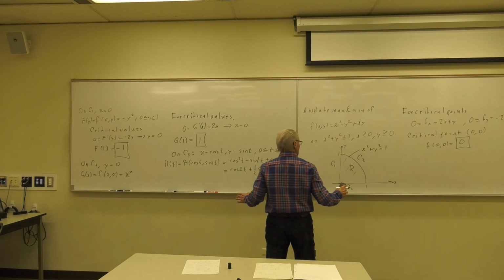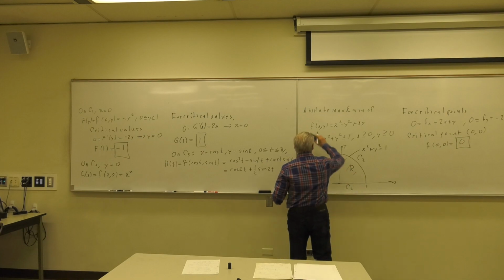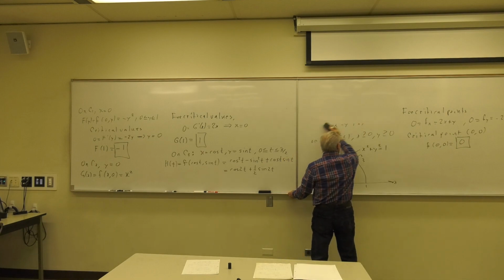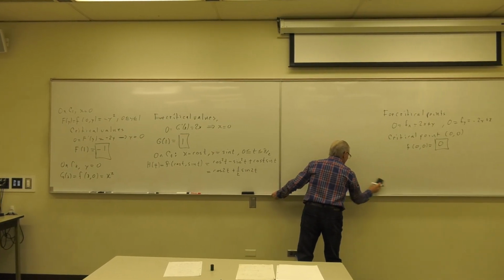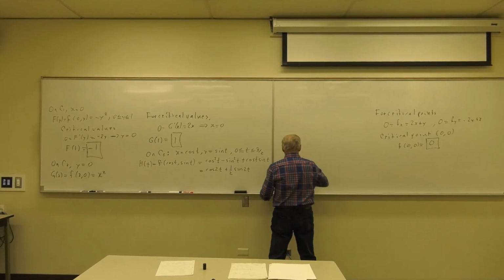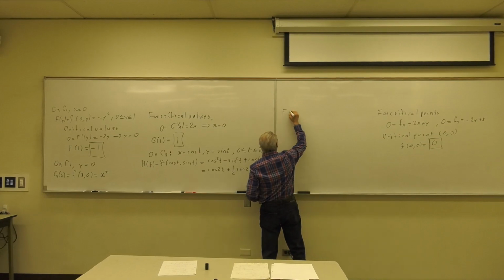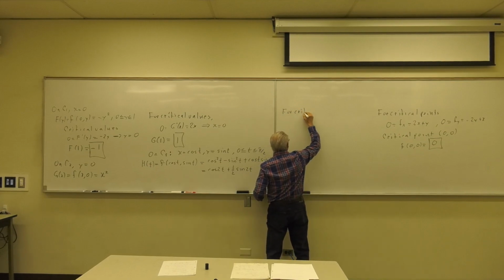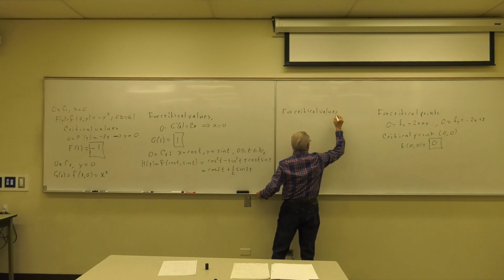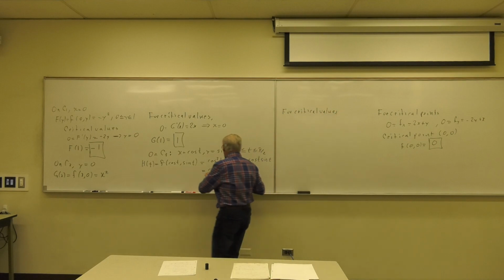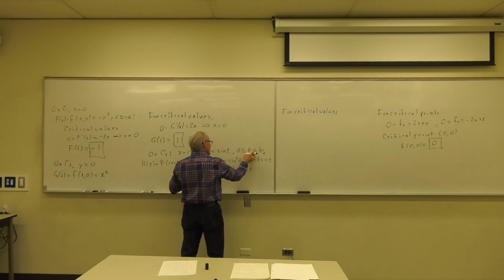All right, away we go then. I got boxes all over the place and I don't want to erase anything, so I'm going to erase this guy. So for critical values, again, I'm maximizing this on this interval.